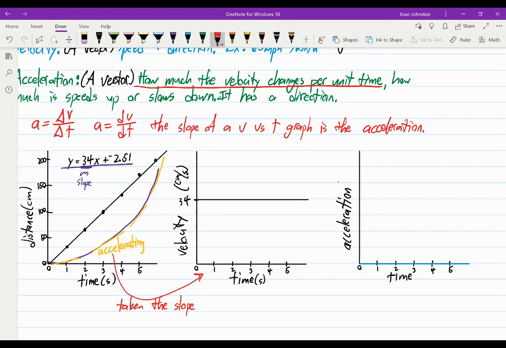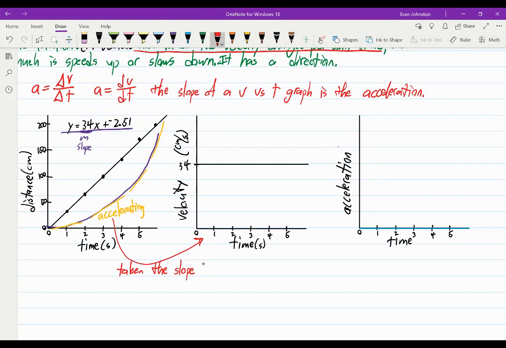So again, all we did is we took the slope. Okay, that's it. To go from distance versus time graph to a velocity versus time graph, we just take the slope. And if it's constant, well, it's just a constant line. Then we take the slope of a velocity time graph, and that gives us the acceleration.